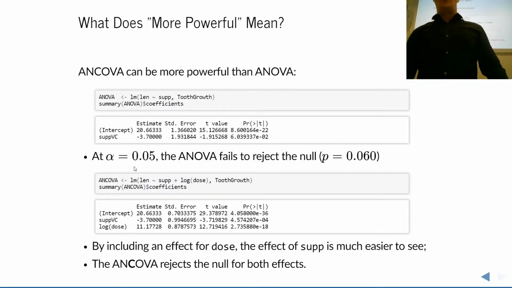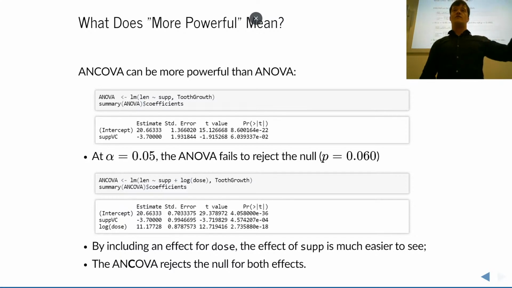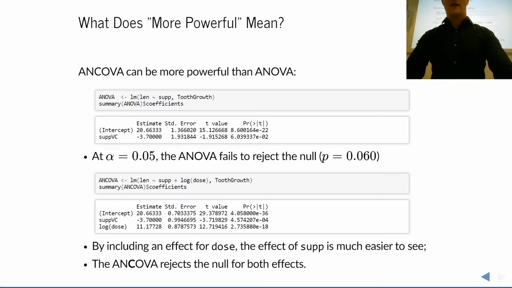Oh yeah. Somewhere in the beginning, I showed a slide of Anova versus Ancova, and I said Ancova is more powerful. You can actually show this in numbers. You don't have to remember this part. This is just to show you that I am telling the truth. We have p-values here. Here we have an effect of length against supplementation type, which is just an Anova. We only have group means. And we compare it to the Ancova model.